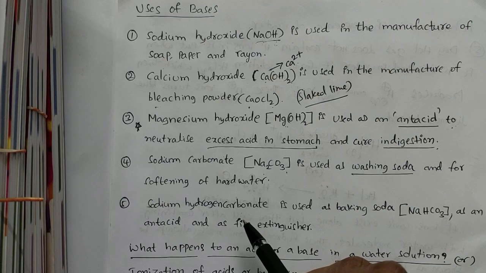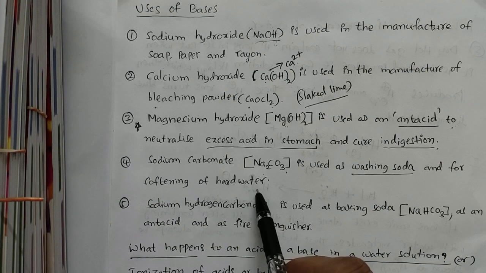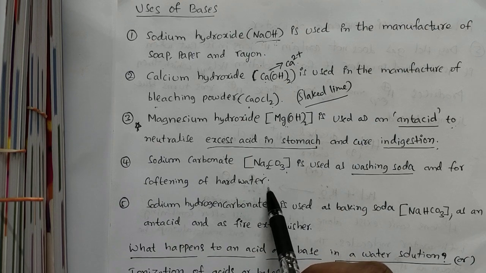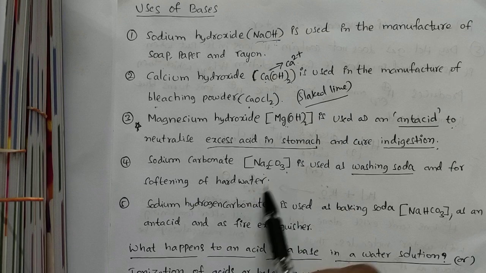The water which produces much lather or foam with soap is called soft water. Usually our tap water is hard water, borewell water is hard water, and hard water can be softened by using sodium carbonate.